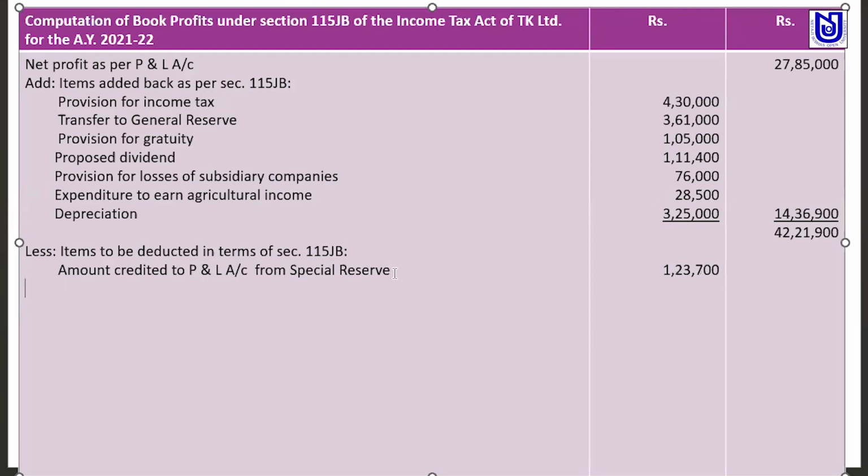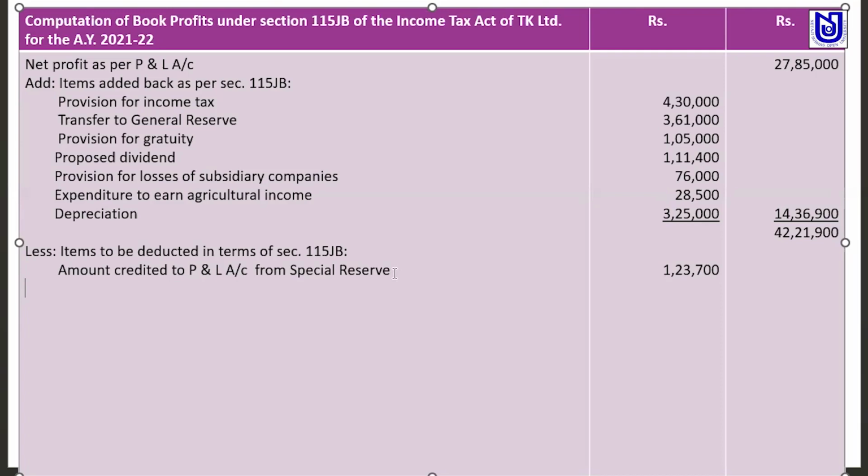Then what is given in the problem? Amount credited to P&L account from revaluation reserve, 1,45,000. You come on to consider item D in page number 19, which is related. Amount withdrawn from revaluation reserve and credited to P&L to the extent it does not exceed the amount of depreciation on revaluation of assets.